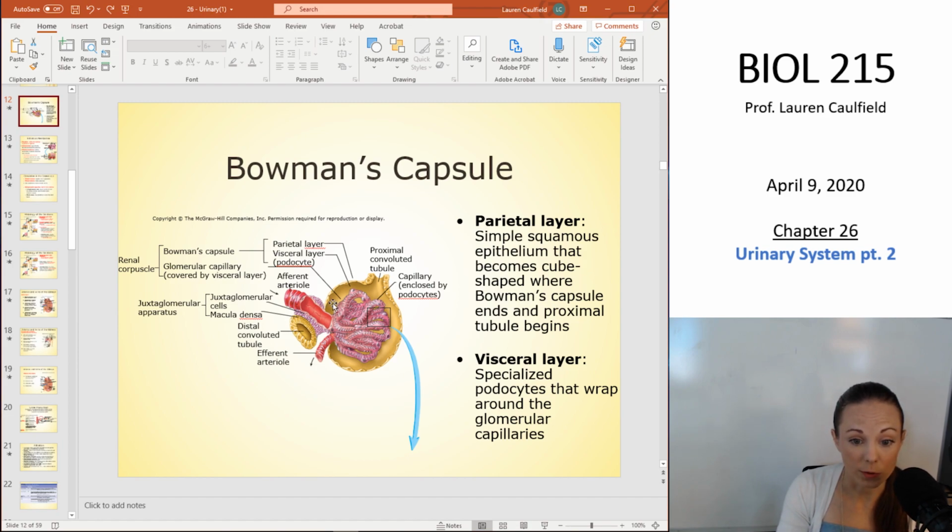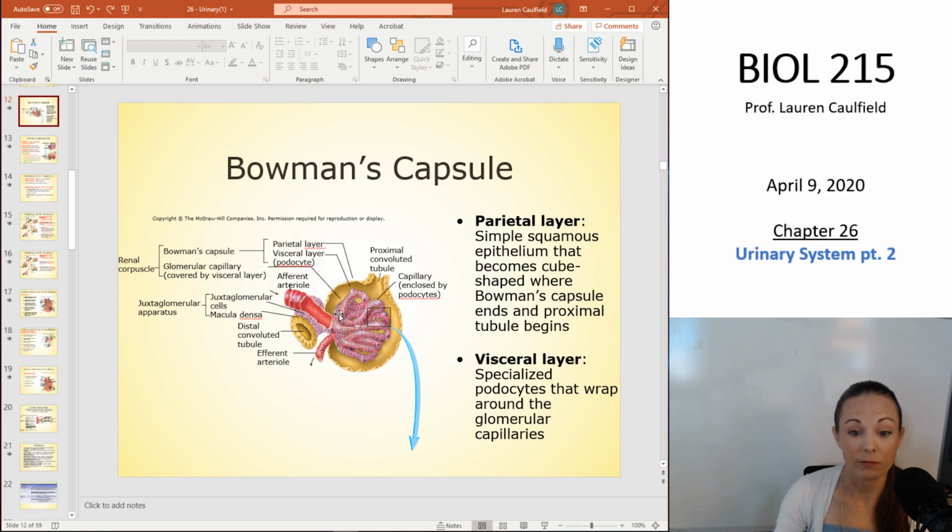So for example, with our filtrate, because we have fenestrated capillaries and we have these filtration slits that are within these little projections or processes of those podocytes, we're going to allow larger molecules to be able to pass through those compared to what we would have being able to pass through a continuous capillary and form interstitial fluid.